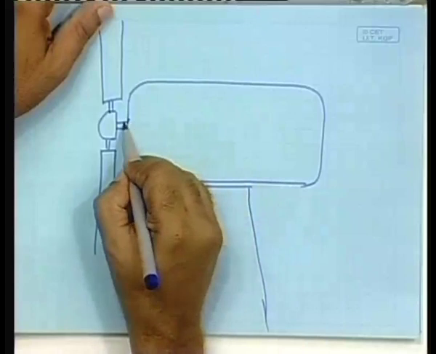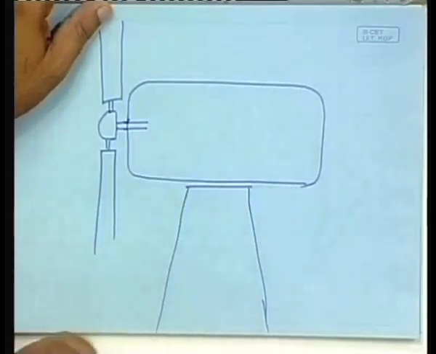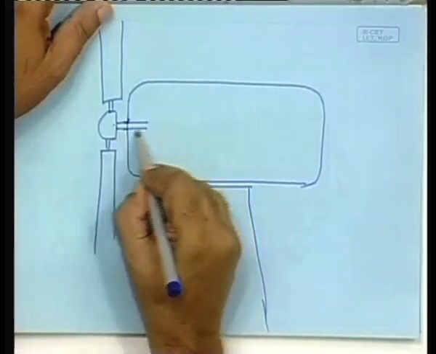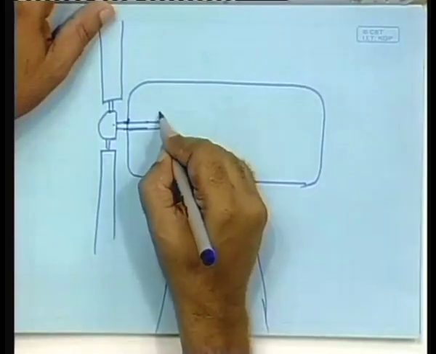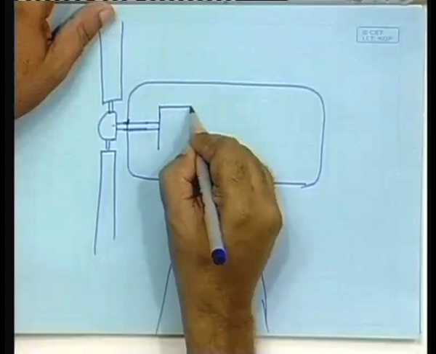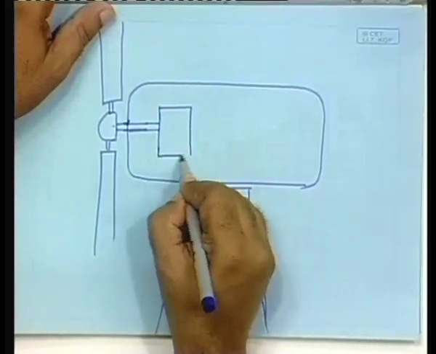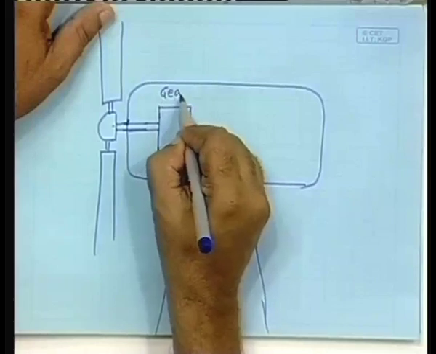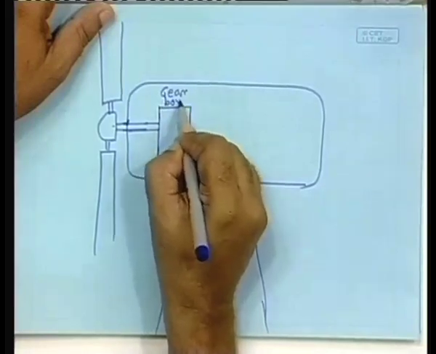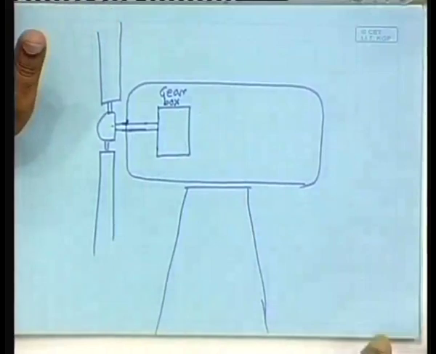Inside, firstly, there has to be the shaft is to be connected, and the shaft is to be connected first to a gearbox. So, that together is a transmission system.